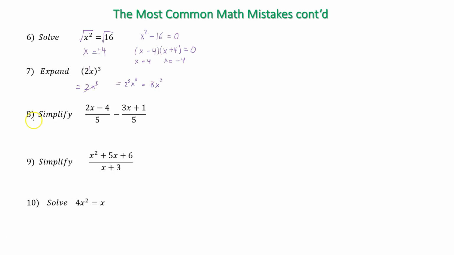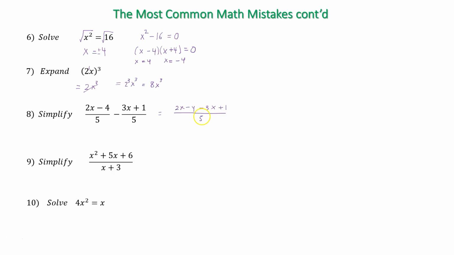Okay, let's look at the next example. It says simplify 2x minus 4 over 5 minus 3x plus 1 over 5. What I sometimes see students do is they'll start subtracting just by applying the negative to this 3x, but they forget to apply the negative to the 1 that's here.